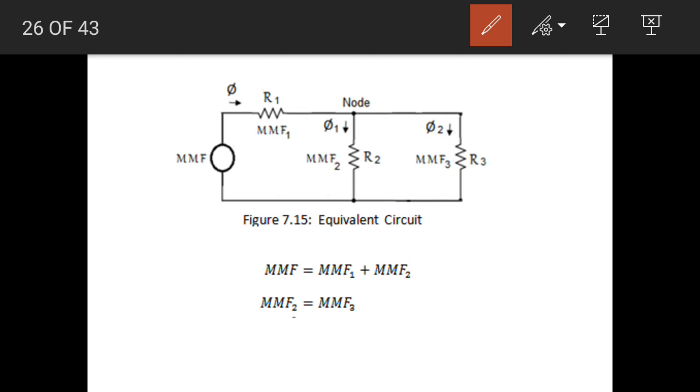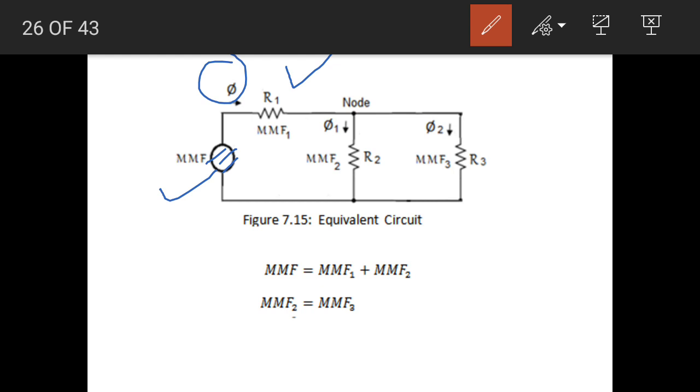So MMF is represented by this particular circle, and this MMF will be equal to Ni. The reluctance of the left limb of the magnetic circuit is represented by R1, and you see there is a magnetic flux of phi Weber in the left limb of the given magnetic circuit.